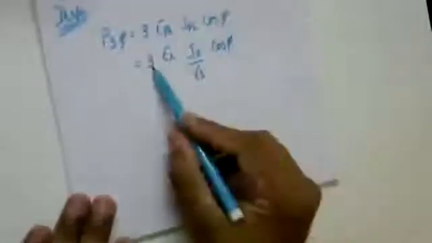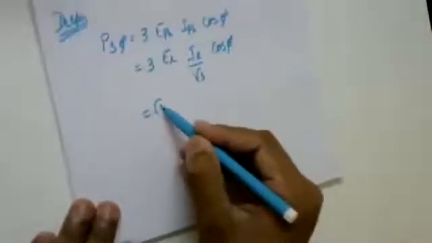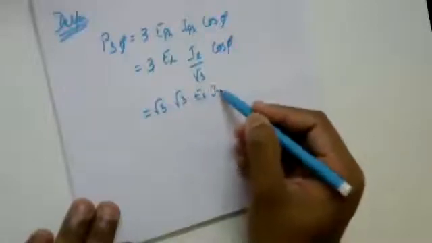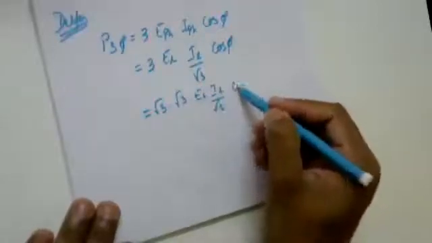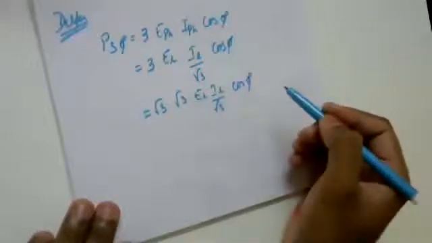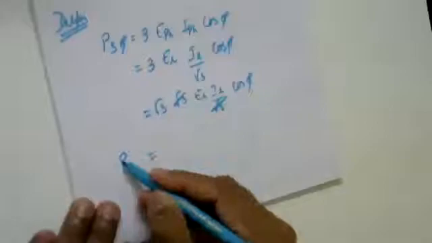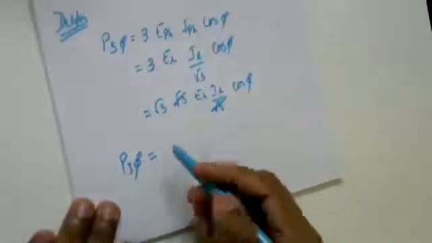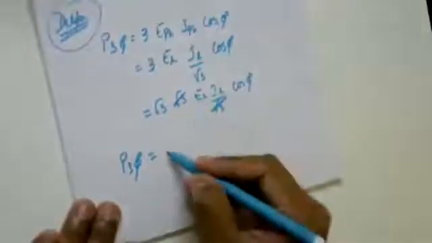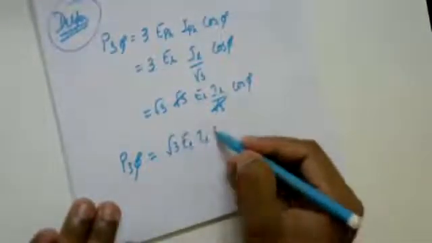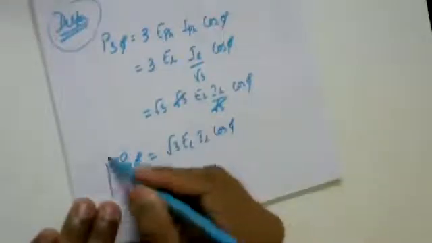Once again, this 3 can be written as root 3 into root 3, EL IL by root 3 into cos phi. So here root 3 once again gets cancelled, giving the power consumed in the three phase load where load is of type delta, once again root 3 EL IL cos phi.